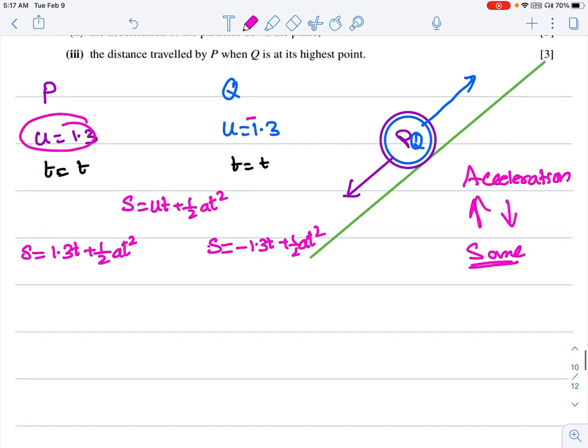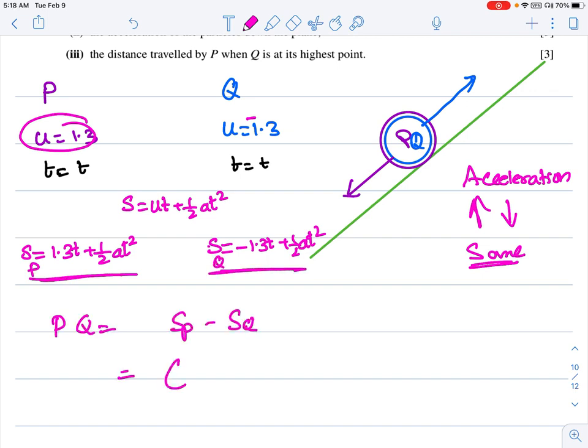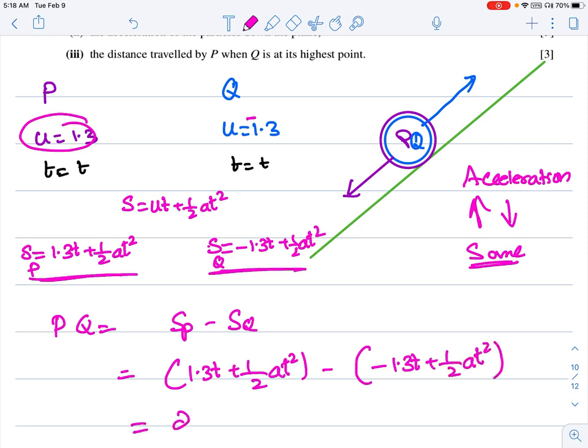This is the distance moved by P and this is the distance moved by Q. So PQ will be equal to SP minus SQ. So 1.3t plus half at square minus minus 1.3t plus half at square. When I simplify that, I get 2.6t. That's what is being asked, which is distance d.